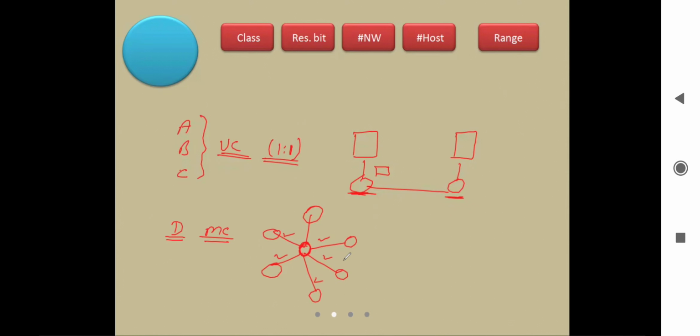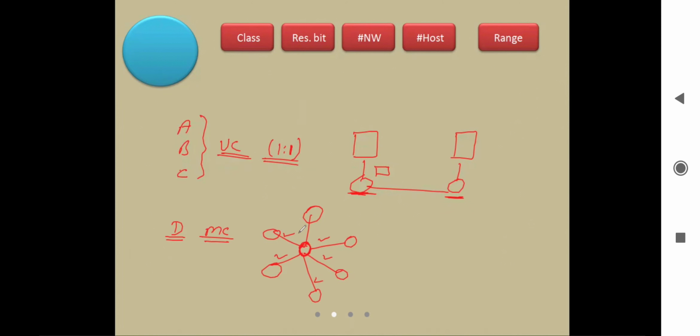As you can think, like you are sending a message to particular persons. You choose the persons from the list of persons and send the message to them. That is also multicasting, and if you send the message to all the contacts, then also it is multicasting.